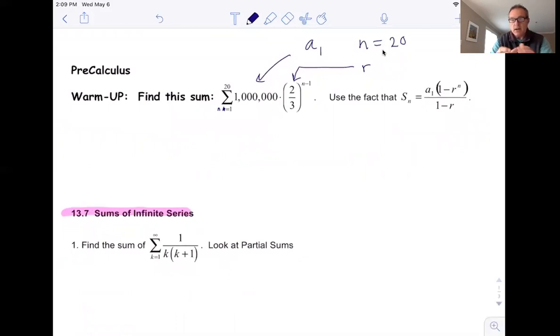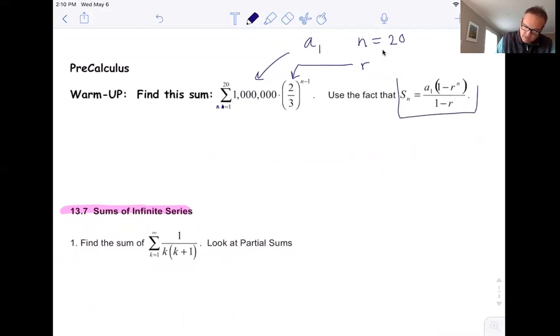Again, you could get all 20 of those numbers and add them up, or you could do this the smart way and use the formula that we have right here given on the page. And so it's the 20th partial sum. That's what that S sub n means. It means add up the first 20 terms. The first term is 1 million. 1 minus the common ratio here is 2/3, and that gets raised to the 20th power.